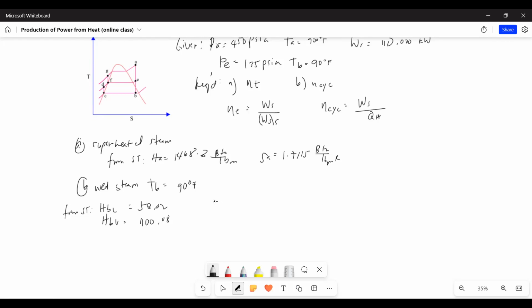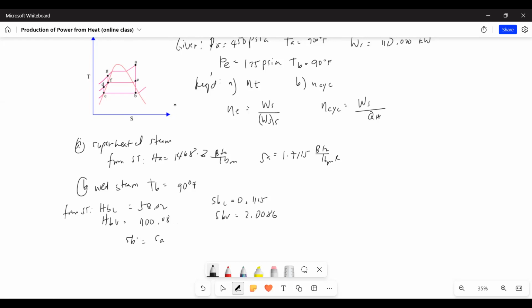We also try to read the properties for entropy. SBL is 0.1115 BTU per pound mass Rankine. SBV is 2.0086. Okay? So if we consider isentropic expansion, SB prime equal to SA. If you consider isentropic expansion, right?